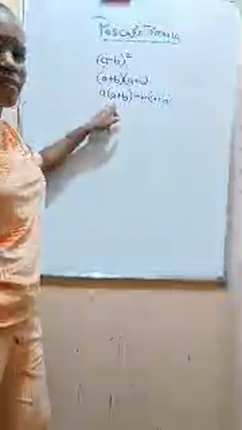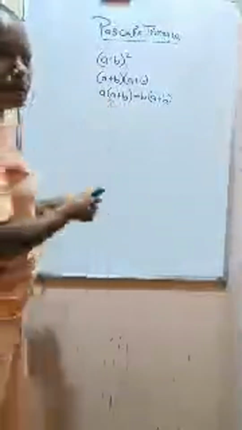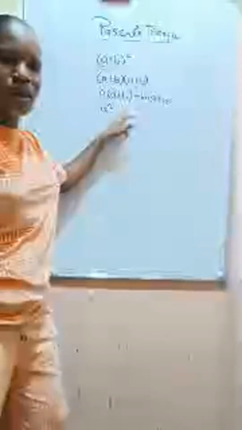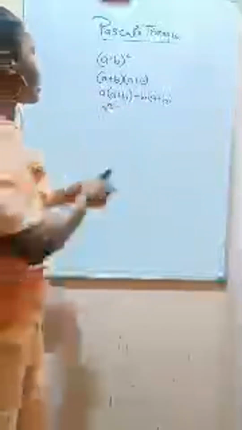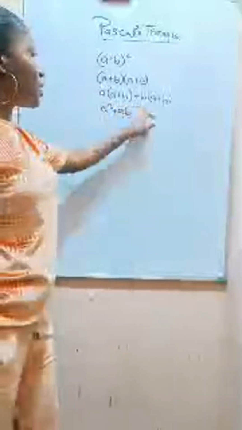A multiplied by a will give us a squared. Then a multiplied by b will give us plus ab, because we have plus here. Then plus b multiply a will still give us plus ab again.